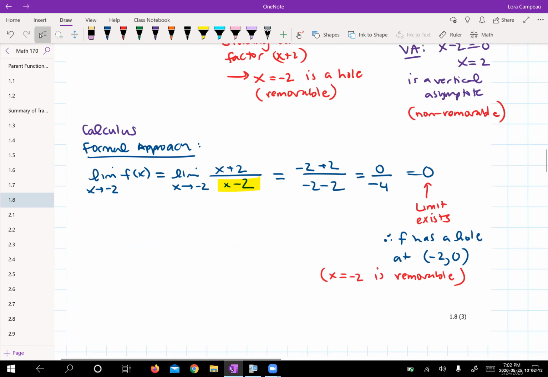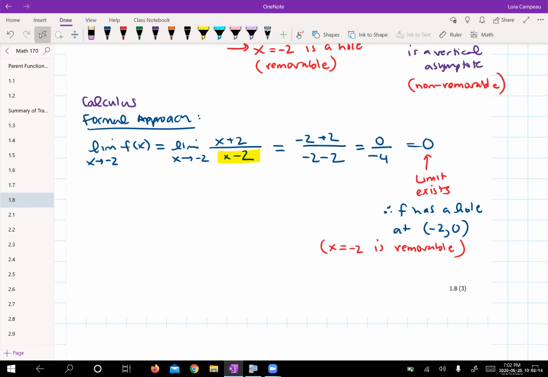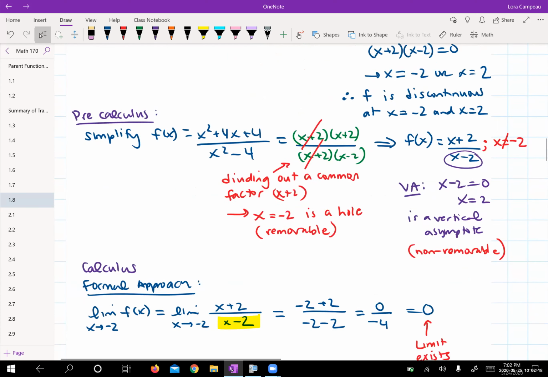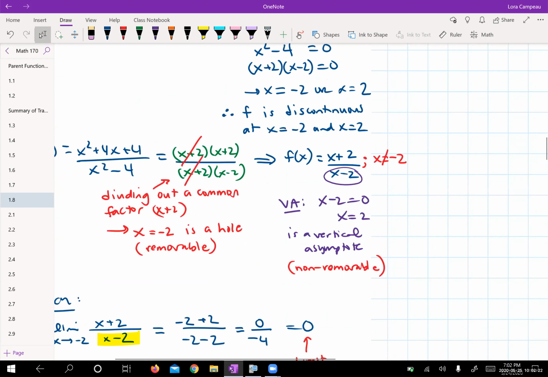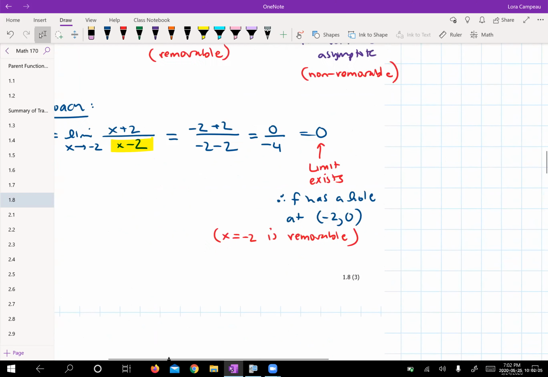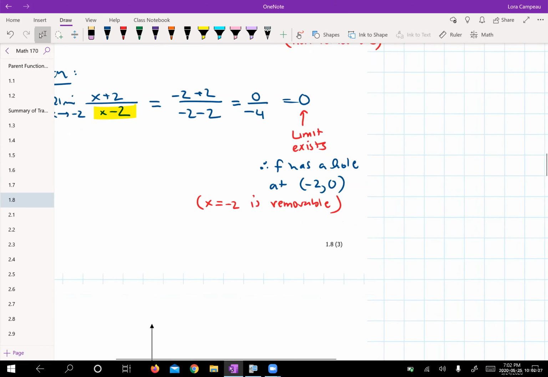So now what I want to do is look at the other version. I'm going to have to move over to the side. I ran out of room here. Let's go this way. And let me see if I can keep this again with the formal approach. And I want to look at, so now let's look at what happens at +2.